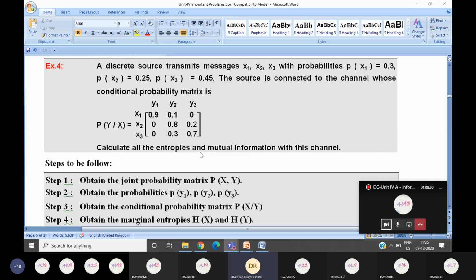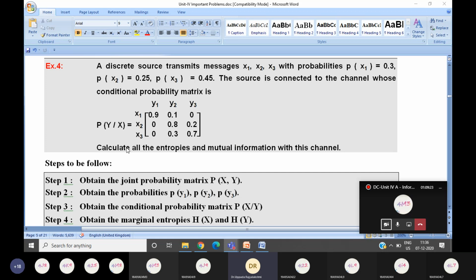Then joint entropy H of xy, and conditional entropies H of x by y and H of y by x. So 5 kinds of entropies to calculate, and using these entropies you can solve the mutual information I of xy, because the relations 3, 4, 5 give you the dependency of mutual information on the different entropies.